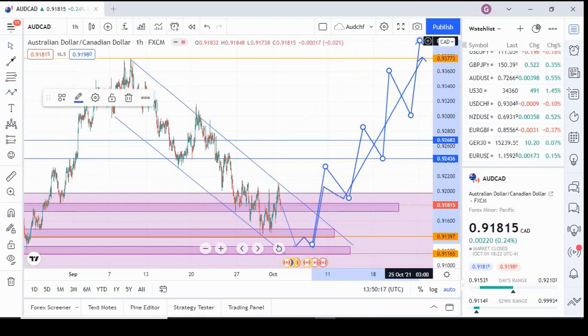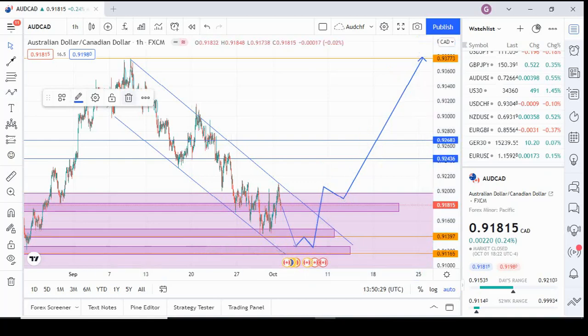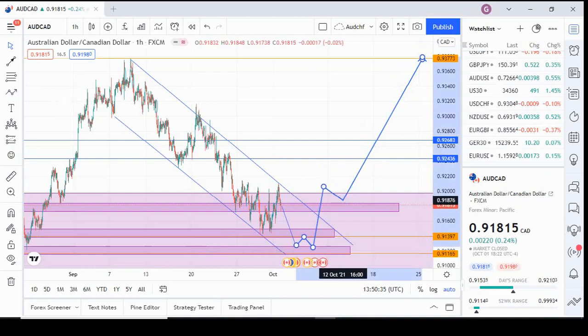Not only one impulse move, the market just keeps moving in such zigzag-like movements, that pattern I've just drawn. Now with this being said, we are hoping that the market goes in, but with the confluence that we have built, we are certain that the market is going to move up.